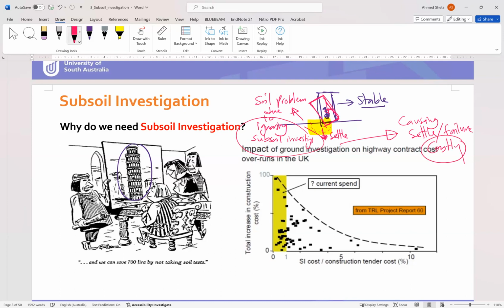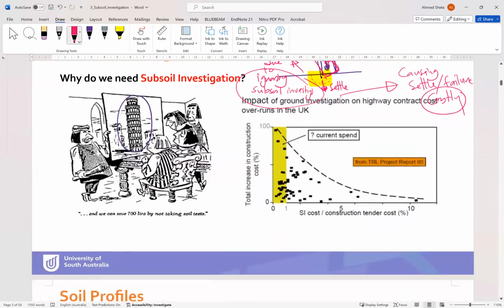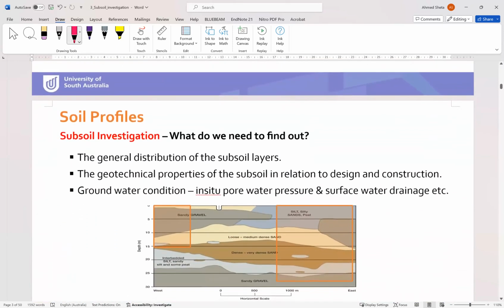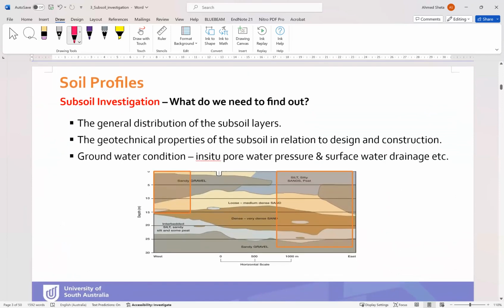The cost of fixing that will be more than doing the subsoil investigation before starting. So we need to keep in mind that soil investigation is one of the important steps before starting the design or the construction process.